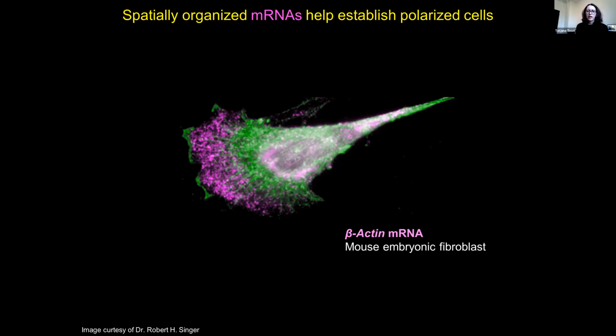As an example, in this mouse embryonic fibroblast, beta-actin mRNA is concentrated and localized to the leading edge of this motile cell, where it becomes locally translated and feeds actin monomers into a growing cytoskeleton to help this motile cell propel forward and to keep the forward motion of this migrating cell.